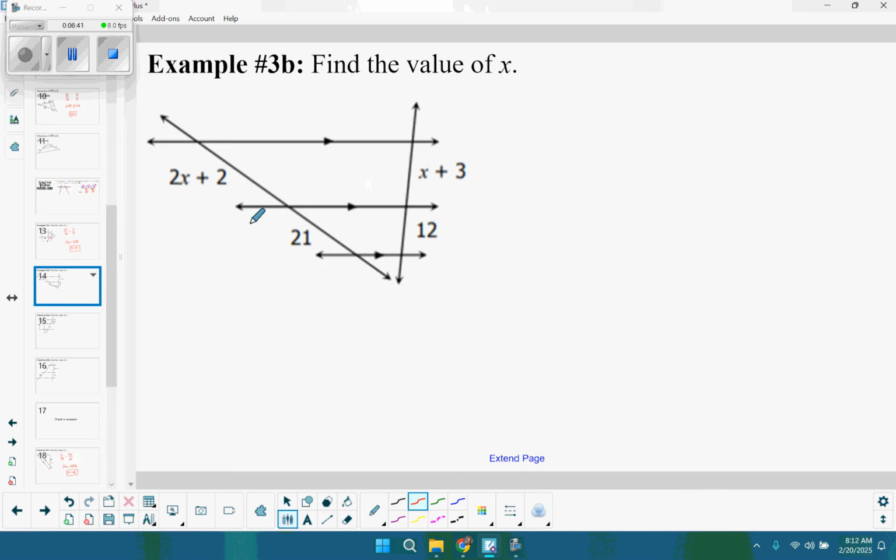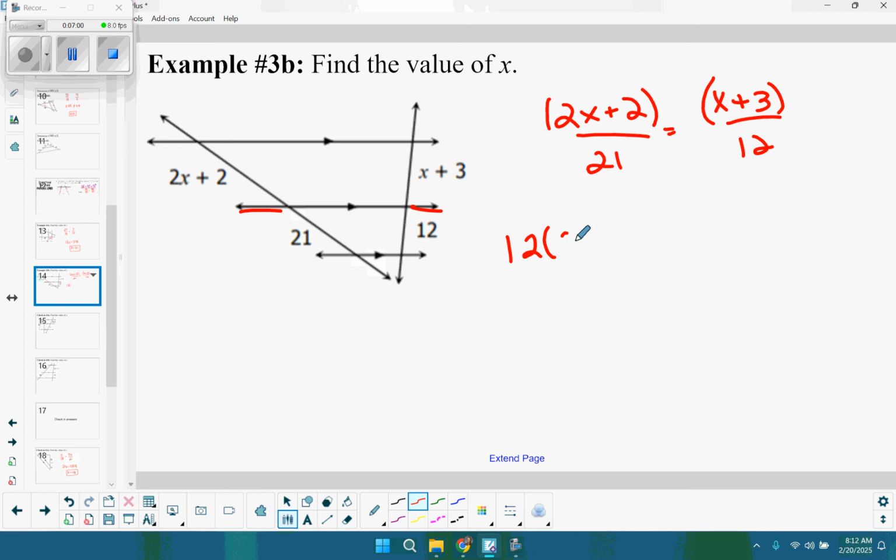Example 3b, 2x plus 2 can go over 21, and then x plus 3 can go over 12. And I'm going to put parentheses around them so I remember to distribute. So it's going to be 12 times 2x plus 2 on one side and 21 times x plus 3 on the other side. We're going to make sure we're distributing.